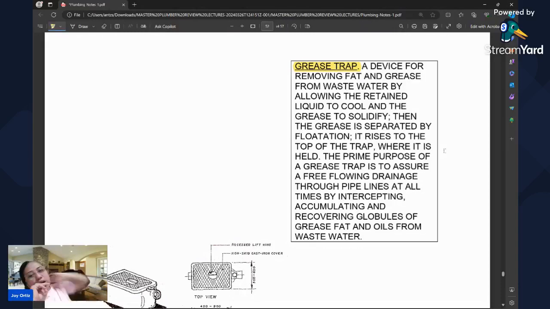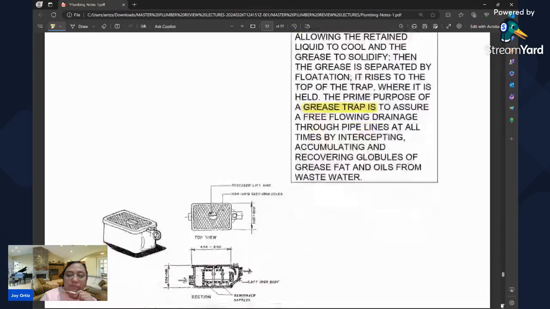When the grease is separated by flotation, it rises to the top of the trap where it is held. The prime purpose of a grease trap is to assure free-flowing drainage through pipelines at all times by intercepting, accumulating, and recovering globules of grease, fat, and oils from wastewater.